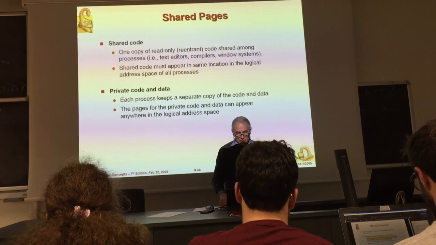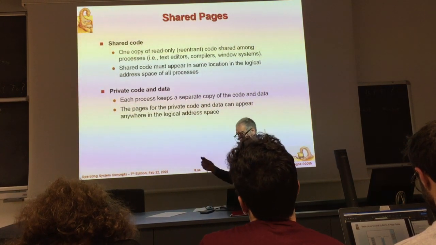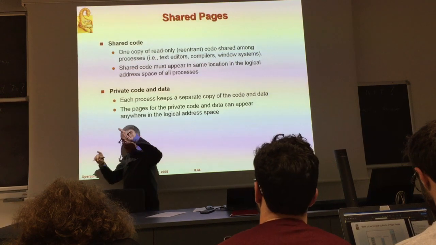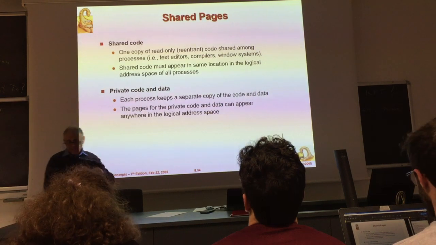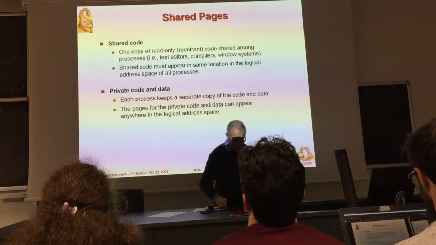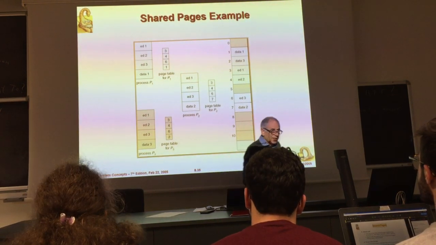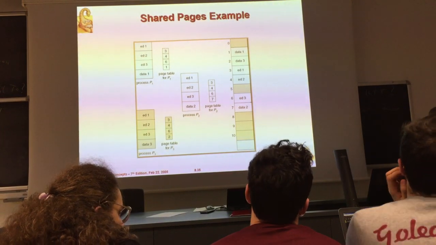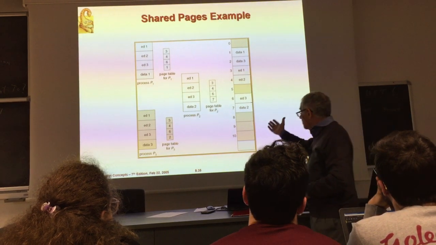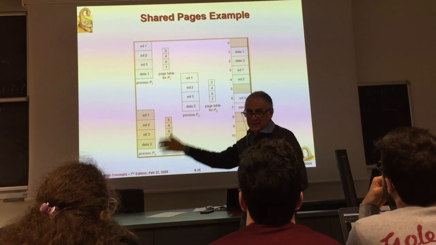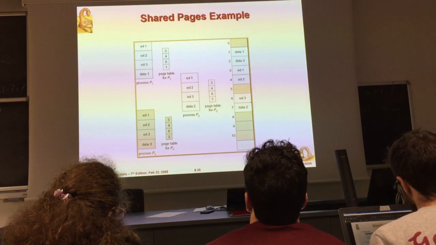With paging also, we can share pages among processes, because it is enough that the page tables of two different processes point to the same physical frame. It's not so easy, but you got the idea. So, for example, if you have an editor running, the code pages of the editor may be shared, while the data needs to be local for each process.